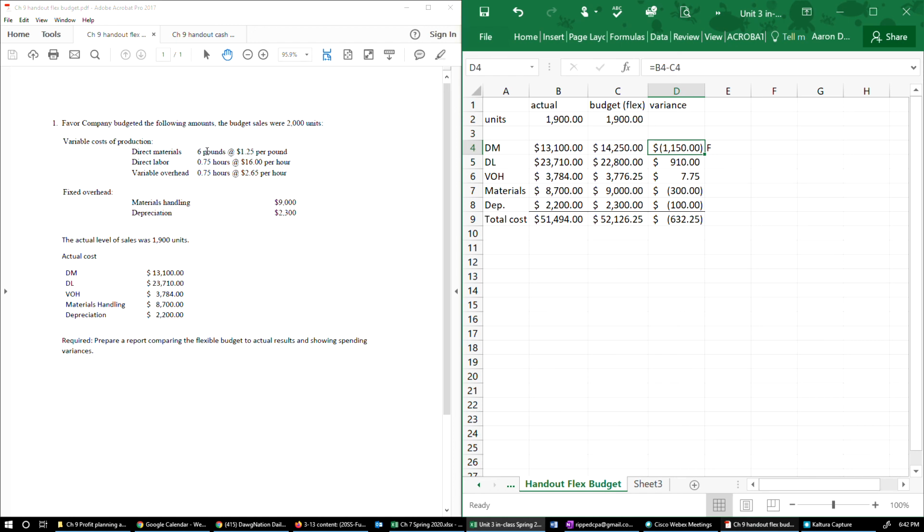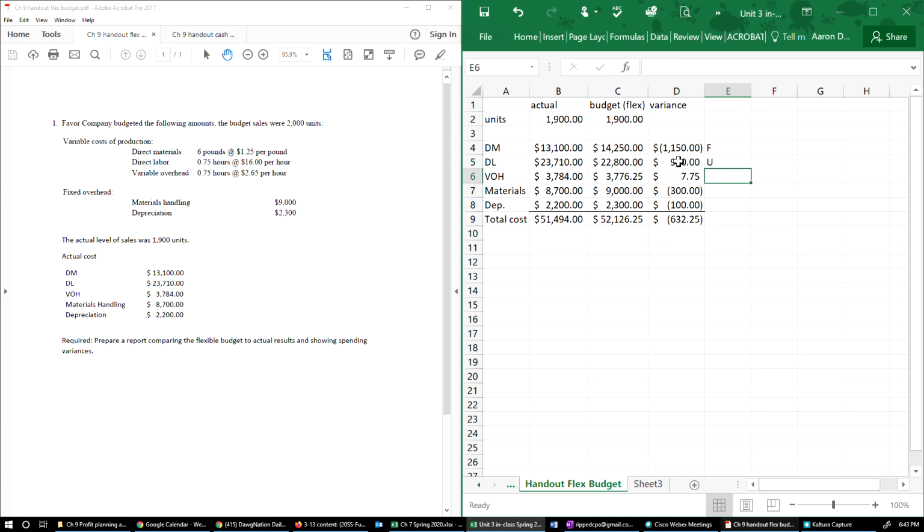Either you used less than 6 pounds per unit of direct material, i.e. you were more efficient, or you got direct materials for less than $1.25, or it could be some combination of both of those. All right, but this is an indication that you did better than the budgetary assumptions as it relates to direct materials.